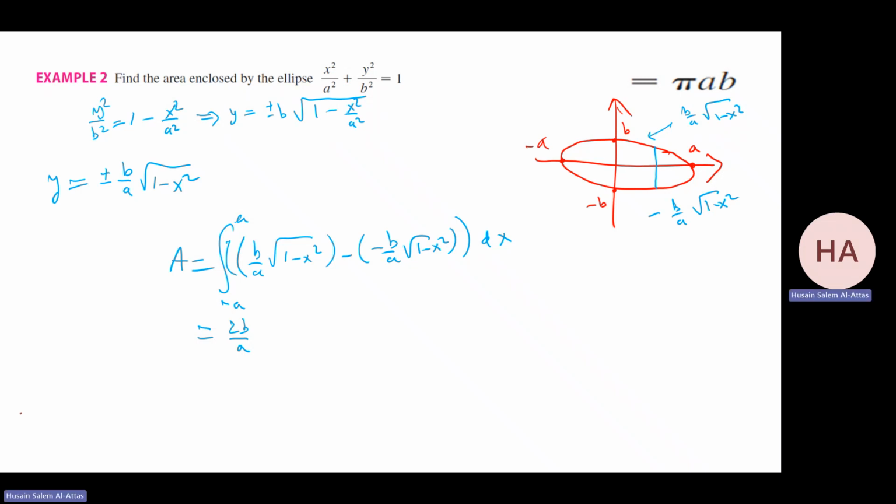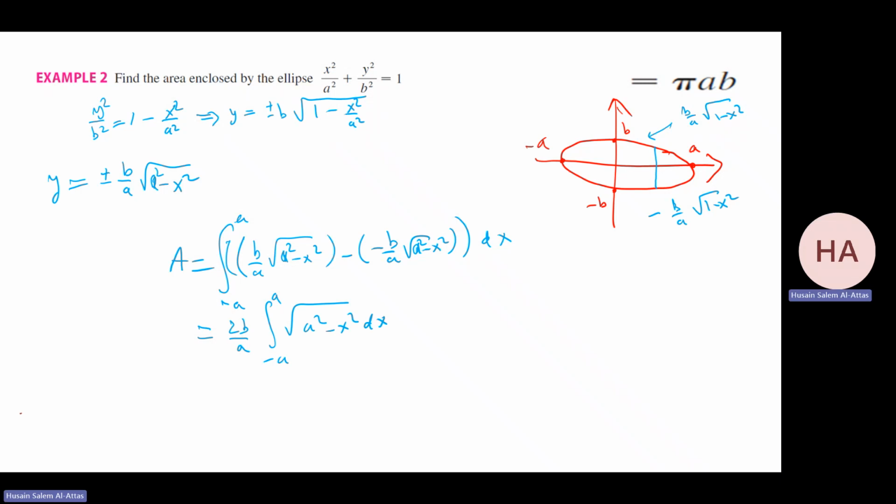The integral from minus a to a, square root of a square minus x squared dx.